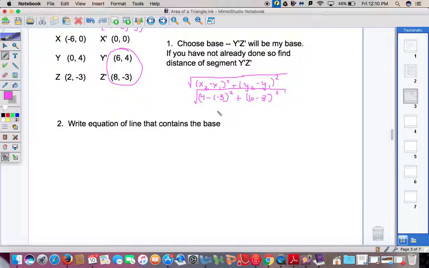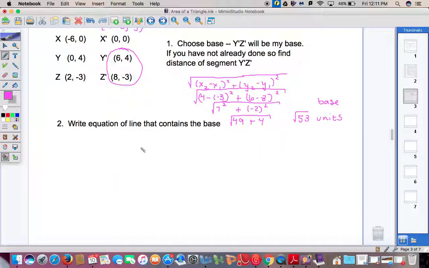So now 4 minus a negative 3 is a positive 7 squared, and 6 minus 8 is a negative 2 squared. So 7 squared is 49, and negative 2 squared is positive 4. So my distance between these 2 points is the square root of 53. So the square root of 53 units would be my base. And if you haven't already done so, that is necessary in order to find the area. We need the base. Okay, so that's going to be step 1.